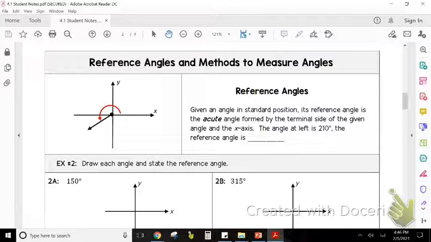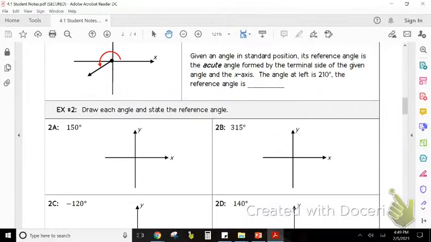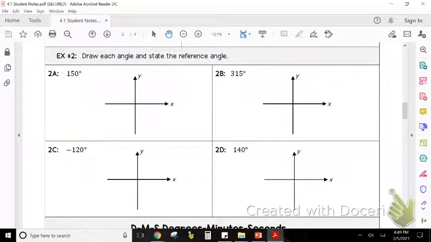All right, let's keep going then. So example 2 says that we're going to draw each angle and state its reference angle. So 2A is 150 degrees. So we're going to start in standard position. 150 degrees is going to end over here in quadrant 2. So there's our 150 degrees.